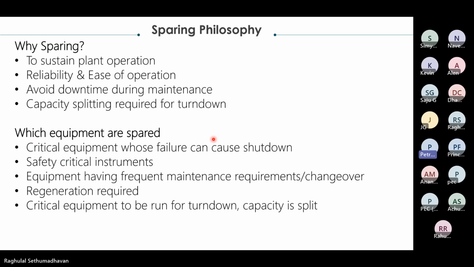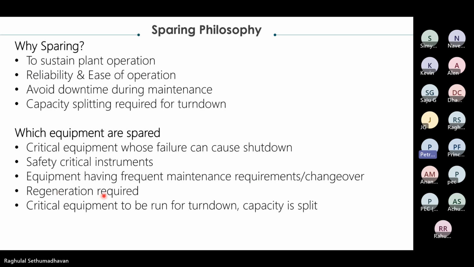Which equipment requires sparing? Some critical equipment which may cause a shutdown of the plant all requires sparing, and very critical instruments, as we discussed earlier, and equipment which have frequent maintenance or changeovers.